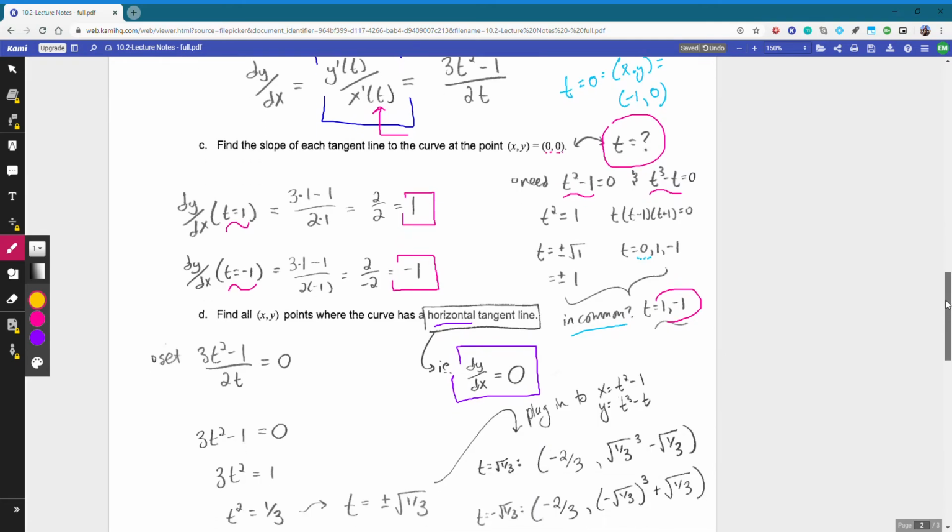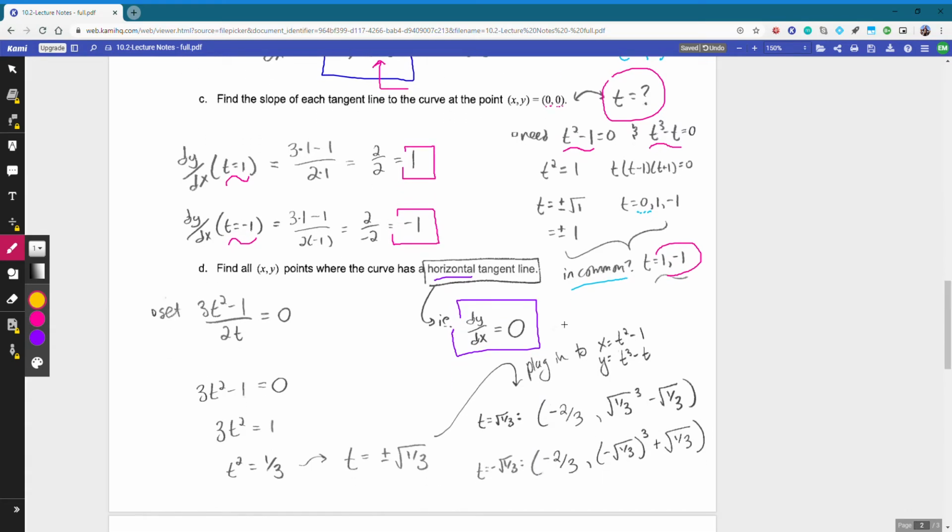Here again, we need to do some translating. If we want to know these points, well, our dy dx formula involves t. And so this won't give us what we want right away.